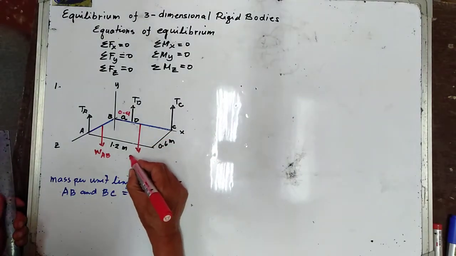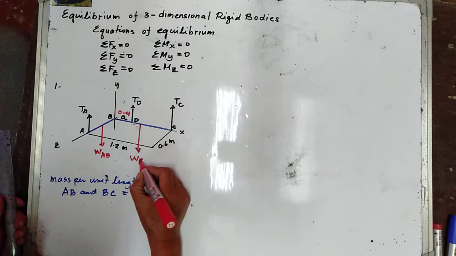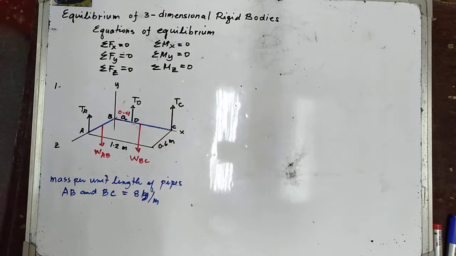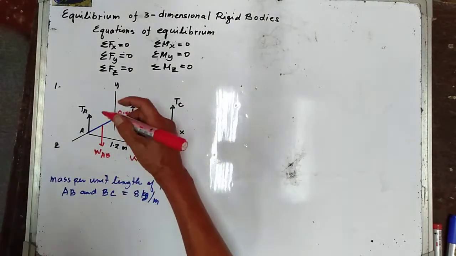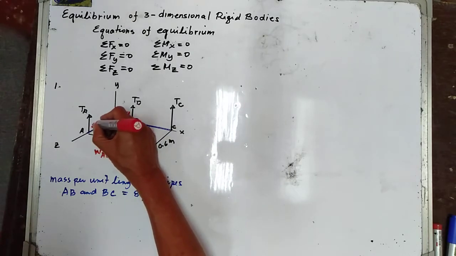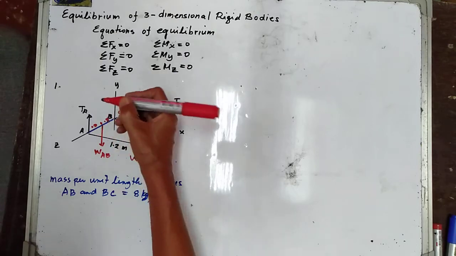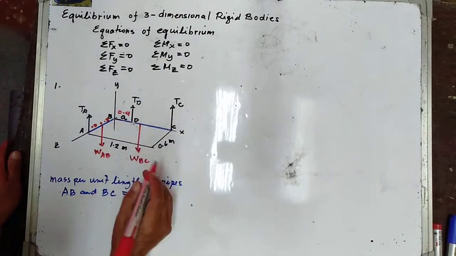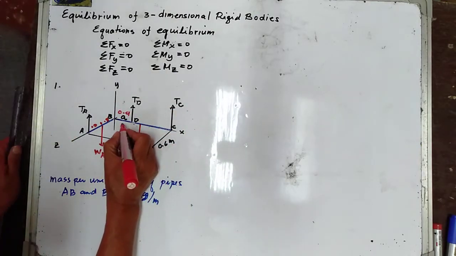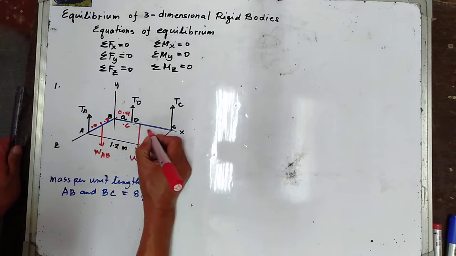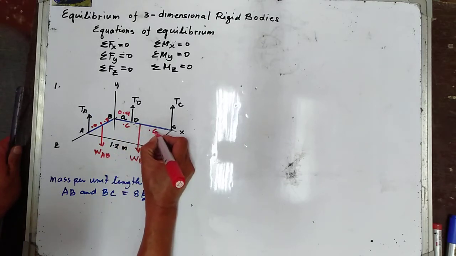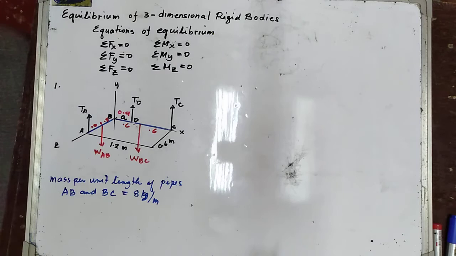So we have WBC. It's acting at the center. So this one here is 0.6. So this is 0.3, and this one here is also 0.3. So this point, this is 1.2. So this one is 0.6, and this one is 0.6 meter.